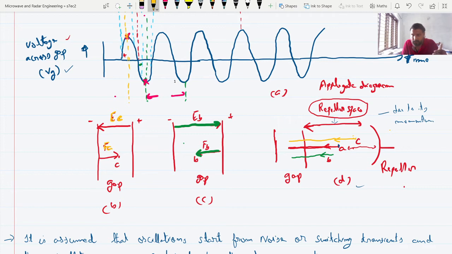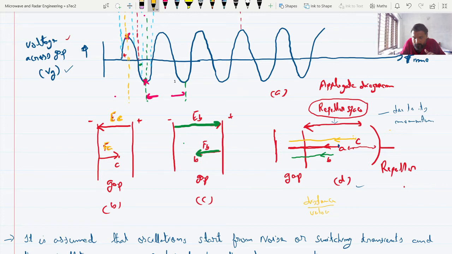Hence, the ratio of distance to velocity is called the transit time.